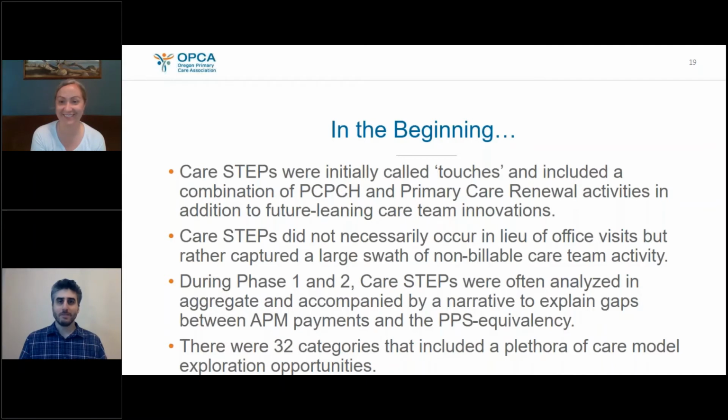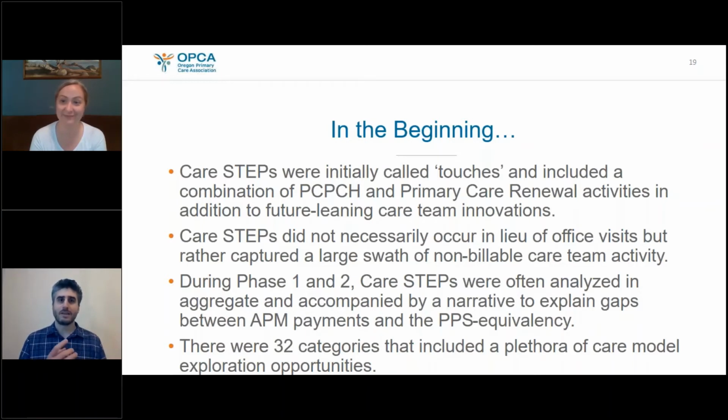Yes, so in the beginning, they were called touches, as Amy alluded to. And that initial list, as we were trying to figure out where this care model was going, we decided to be more inclusive than exclusive. So we captured a lot of the amazing work that FQHCs have been doing up until this point.